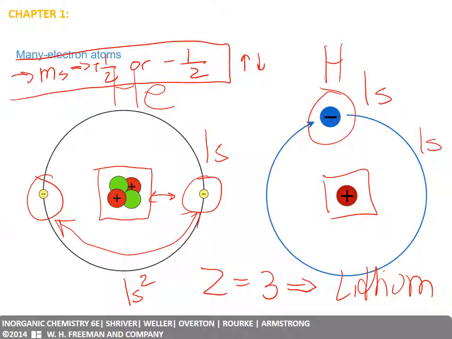Because in spectroscopic studies, we've seen that there are certain transitions that do not occur in helium. Therefore, Pauli came up with a principle that states that the same n, l, ml, and ms quantum numbers cannot exist for two different electrons.